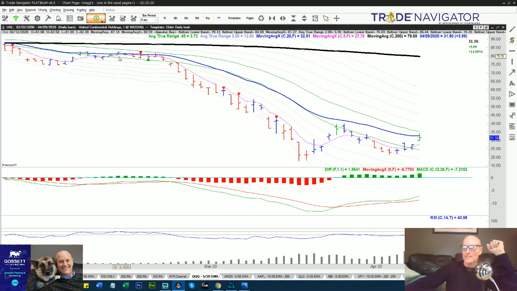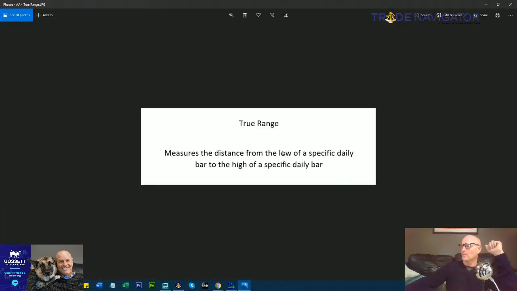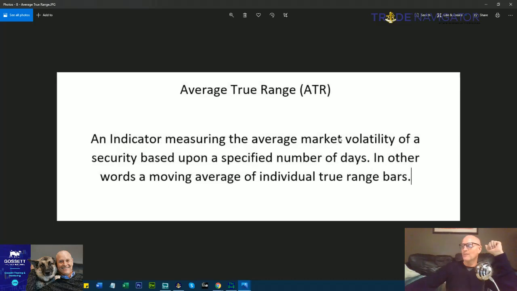That is why these ATR channels are so narrow. But as the price has increased dramatically, the ranges, meaning the movement in the day, are making these ATR channels widen and widen and widen. So there we have true range, and we have average true range.